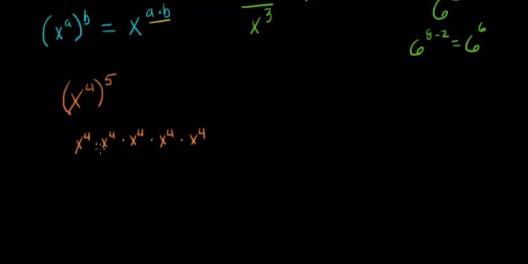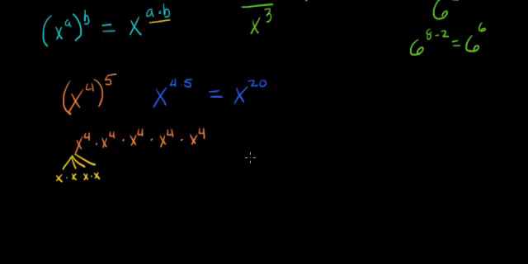Because it's 1, 2, 3, 4, 5 of them, as this exponent implies, that's why we take 4 times the 5, because then you also have to expand this out. Each one of these x to the 4ths is actually x times x times x times x, and so you have to repeat that for all 5 of these. So that's how we end up getting this when we solve. We rewrite it as, just like this up here, x to the 4th times 5, which gives us x to the 20th.